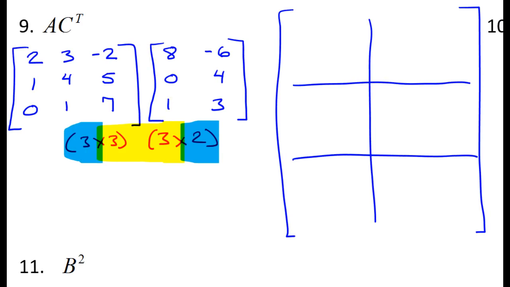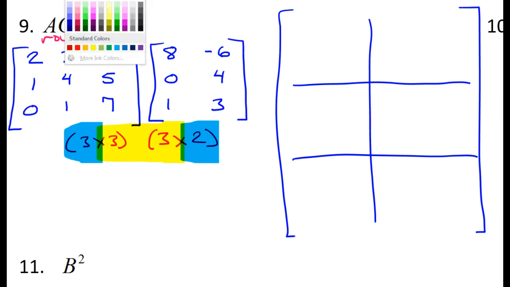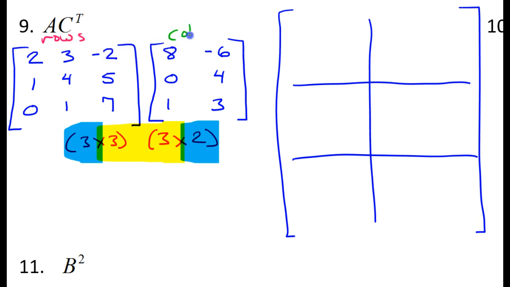When I do this process, all my rows are going to come from the first matrix, and all of my columns will come from the second matrix. We're going to be multiplying rows times columns. So let's set it up. Row 1 will go across row 1. So I'm going to write 2, 3, negative 2.